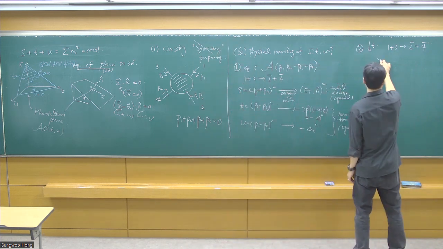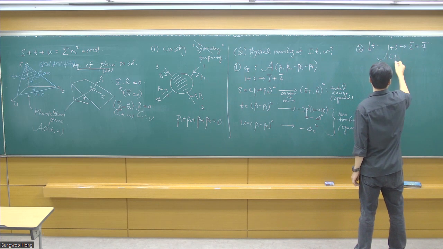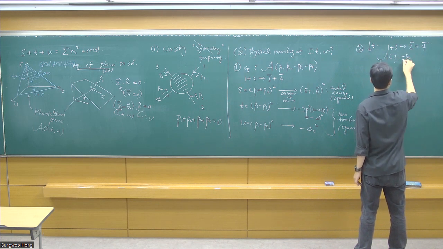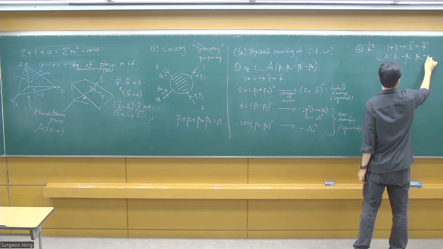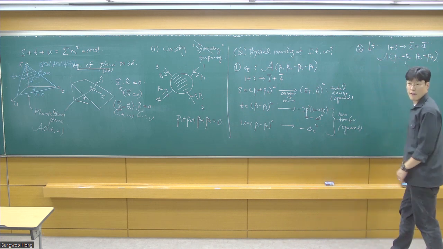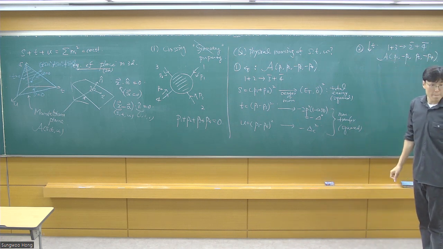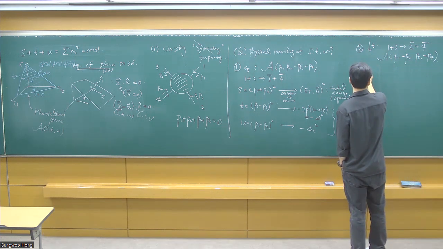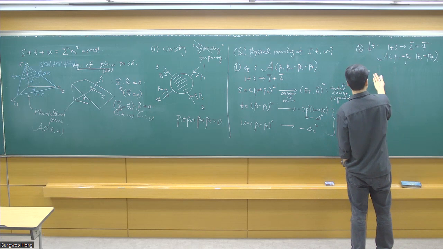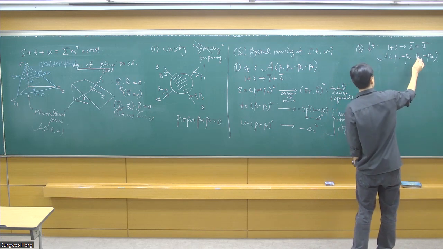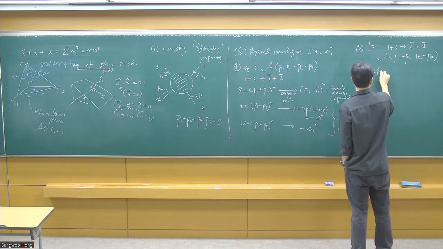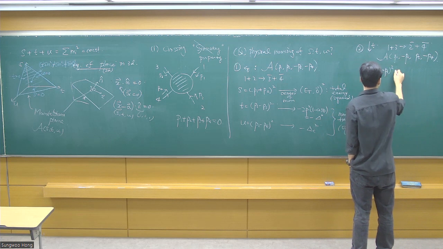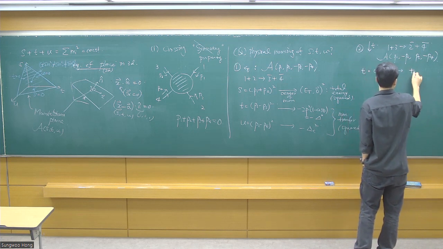And this will be described by the amplitude with P1 but minus P2, P3, but minus P4. Okay? So let's compute T first. So this T means the first plus third appearing here, P1 plus P3 squared. Again, this will become total energy.